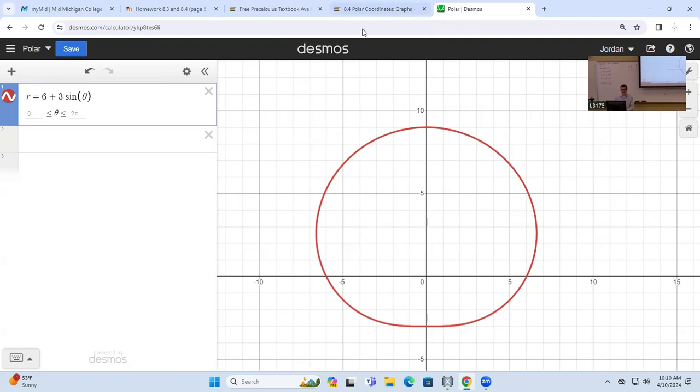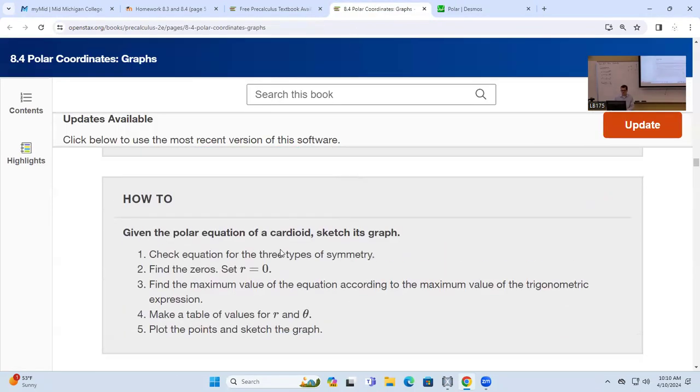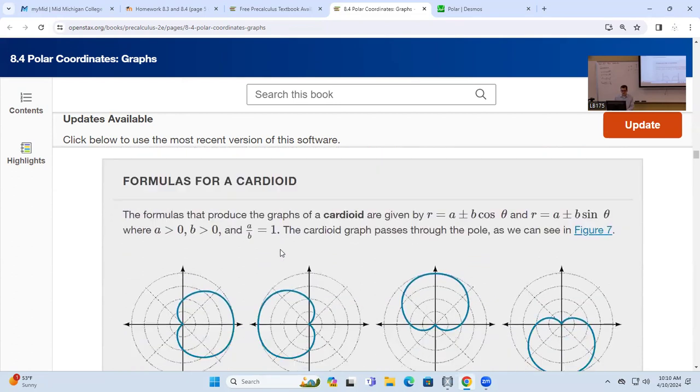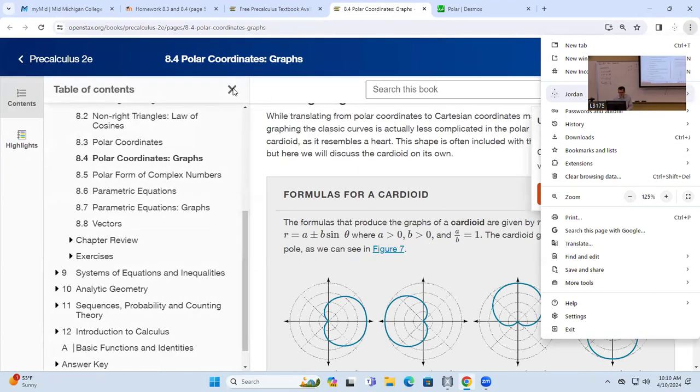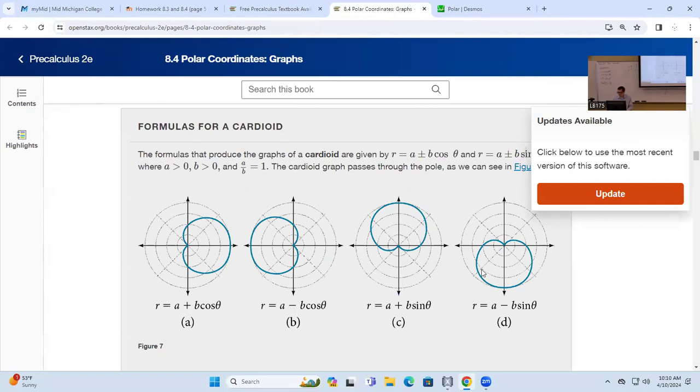Okay? And in the book, wow, this is so big. In the book, you can see all the different versions of this.